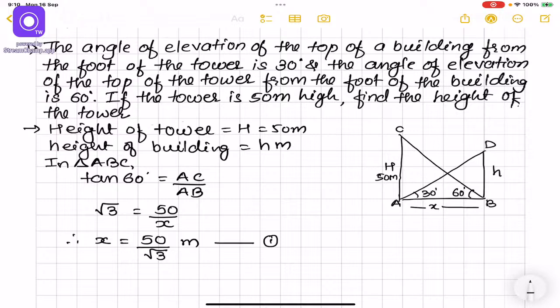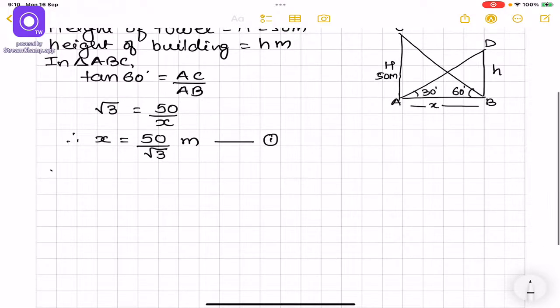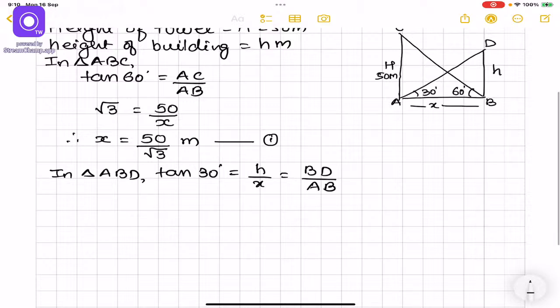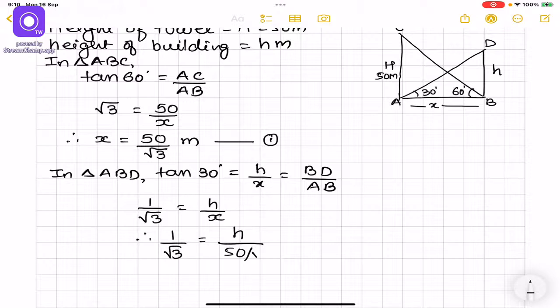Now coming to the next triangle, I can say in triangle ABD, tan 30 degree equal to h upon x, which is equal to BD upon AB. So 1 by root 3 equal to h by x. So therefore x equal to, I can compare both equations, or I can directly say here, using 1, can I write 1 upon root 3 equal to h upon 50 by root 3.